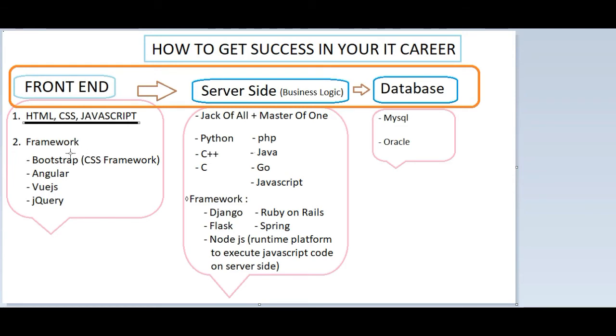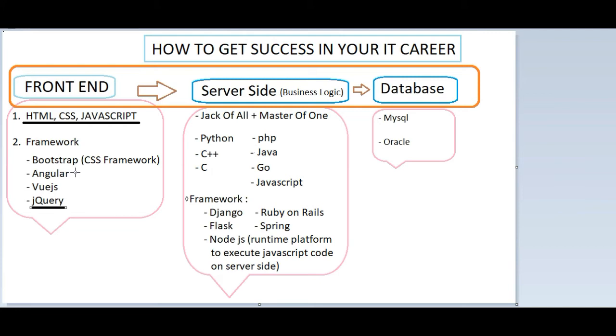If you learn Angular and React, you can get a high paying job, because if you search on Google right now, there are a lot of vacancies available for Angular developers and React developers. jQuery is also a JavaScript library which makes JavaScript easier to write. So this is all about front end, its languages and frameworks.